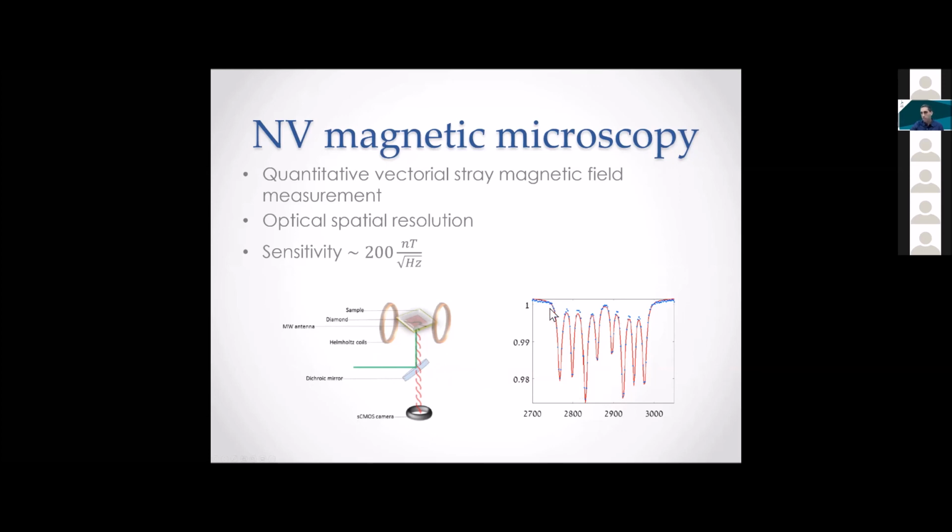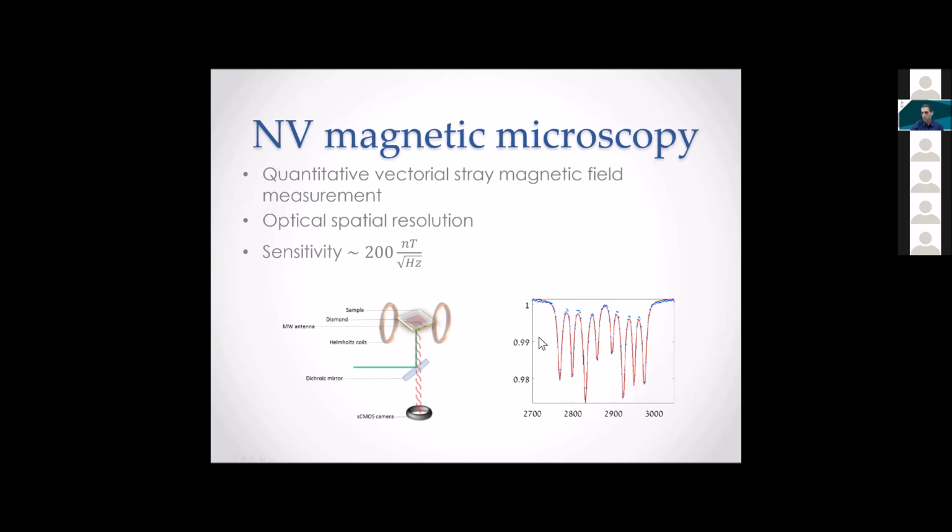The idea behind it is shown on this plot here to the right, where for each pixel on the camera, for each spatial location, we scan the frequency of applied microwave and observe the resonances that correspond to the spin transitions of NVs within the diamond crystal along different possible orientations.